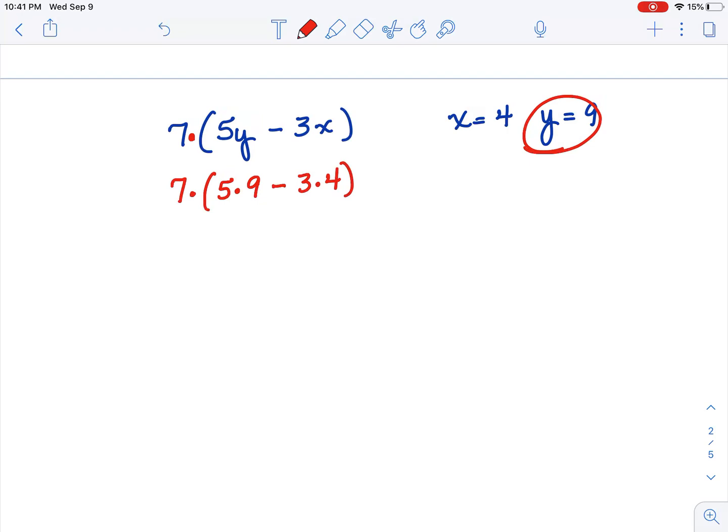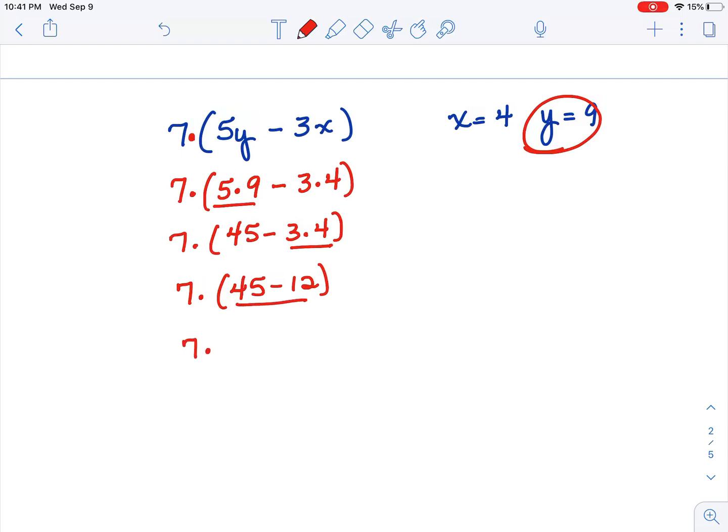So I have parentheses. I have multiplication, subtraction, and multiplication. So I multiply left to right. Still have multiplication in my parentheses. Finally, subtract my parentheses, and that's 33.